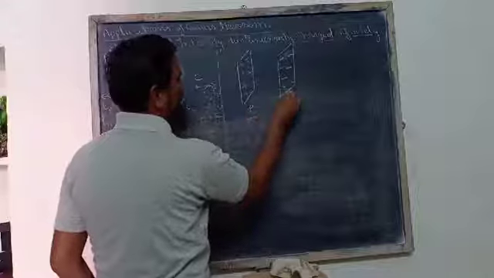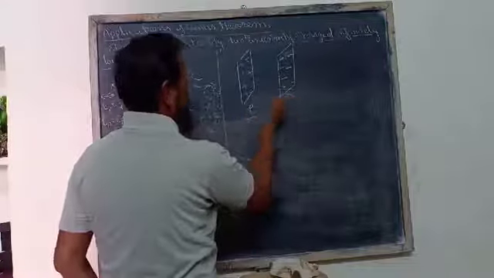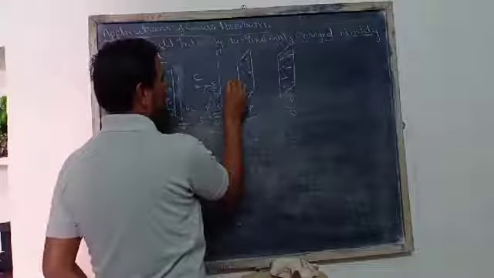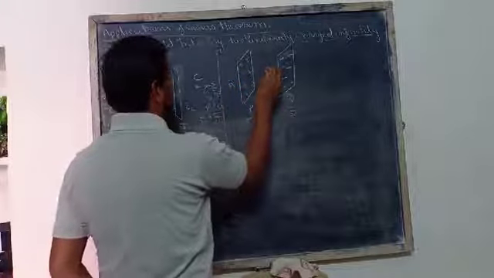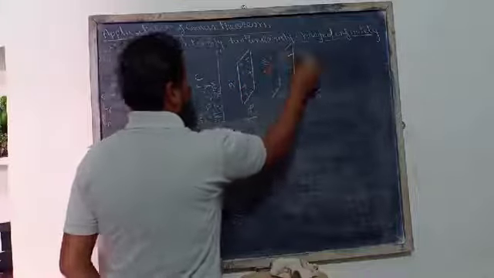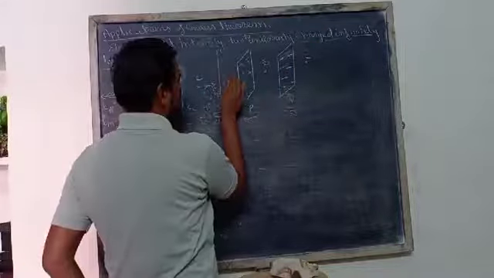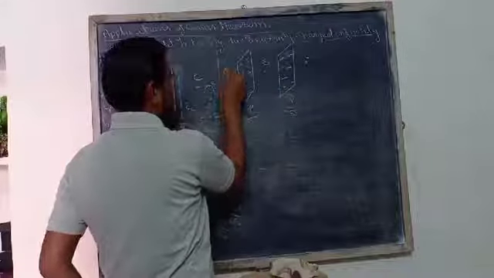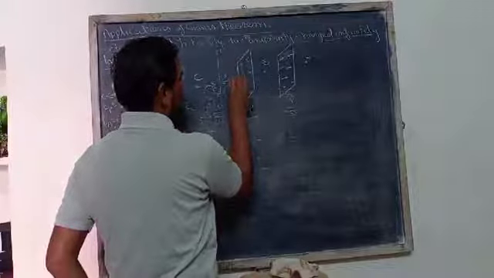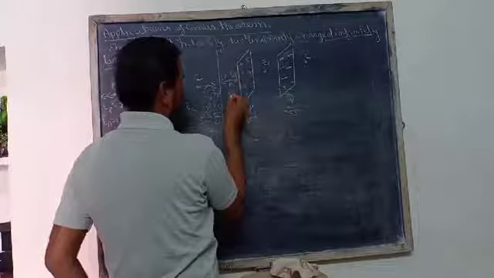Plus sigma, minus sigma. Here also we consider point A, point B, point C. The direction of electric field intensity due to plate P will be along this direction, and due to plate Q towards the plate Q. Both are opposite.